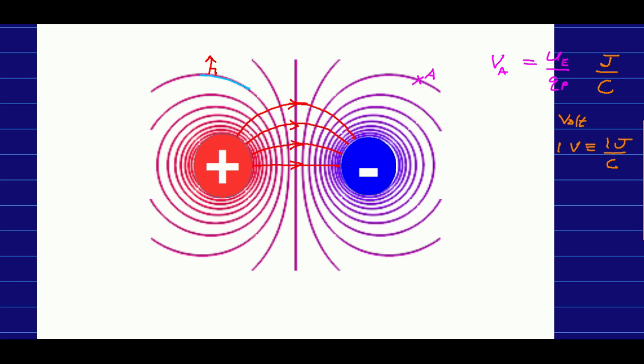I'm going to arbitrarily choose this straight line halfway between the positive and negative charges to be the 0-volt equipotential curve. And so now, depending on the scale and the size of the charges, these other ones might go in perhaps increments of 10 volts, like so.